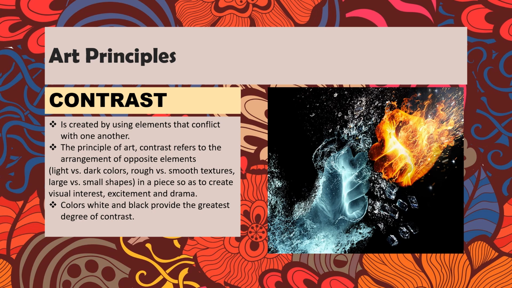The principle of art, contrast, refers to the arrangement of opposite elements like light versus dark colors, rough versus smooth textures, large versus small shapes in a piece so as to create visual interest, excitement, and drama. Colors, white and black, provide the greatest degree of contrast.